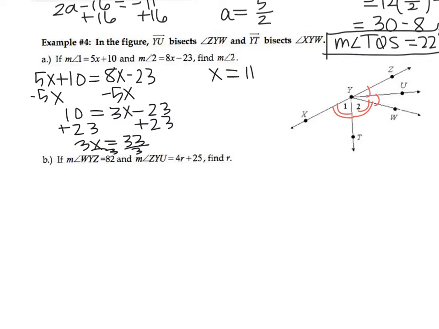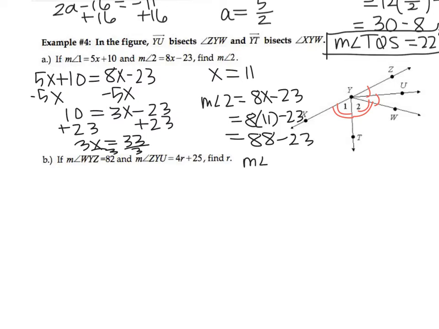So now that we know x, we can find the measure of angle 2. The measure of angle 2 equals 8x minus 23. So we plug in 11 for x. So we get 8 times 11 minus 23. So we get 88 minus 23.